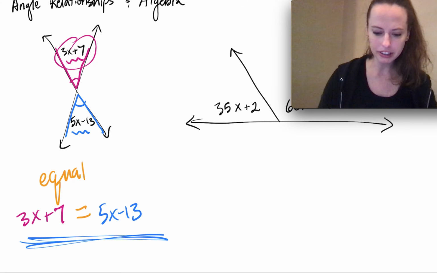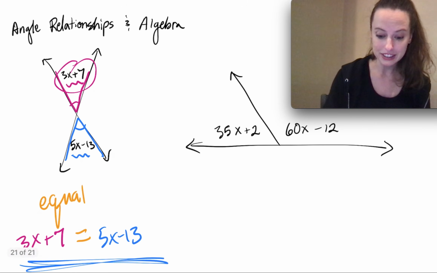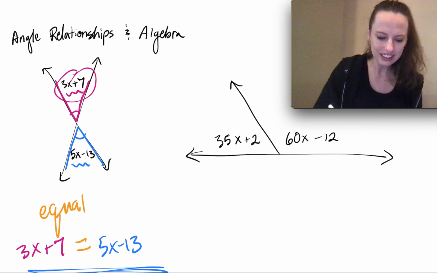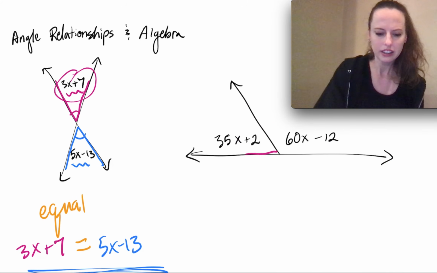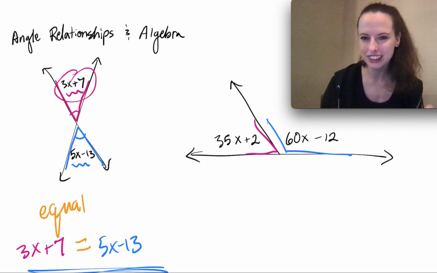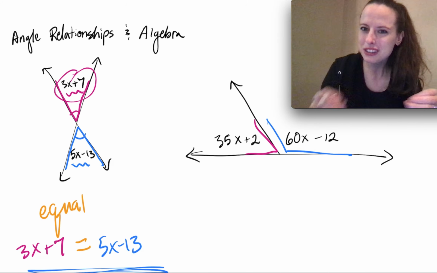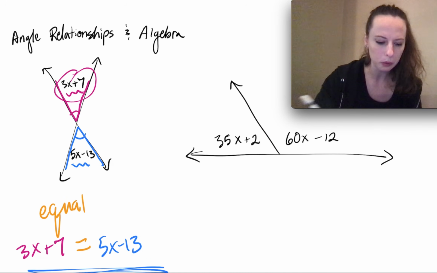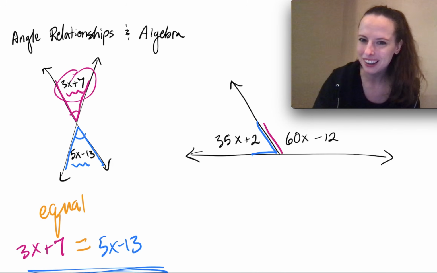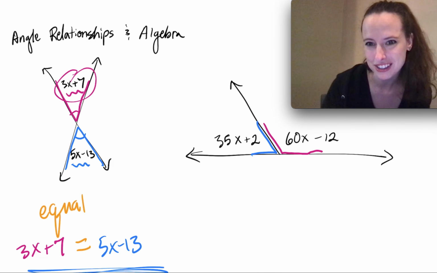Now that's a little different from this linear pair. We know that these 2 angles aren't equal to each other. This one is acute, this one is obtuse. They're definitely different. So we can't do the same kind of equation this time. So think about what we see in this diagram. Well, we can see that they're a linear pair, which means they're supplementary.